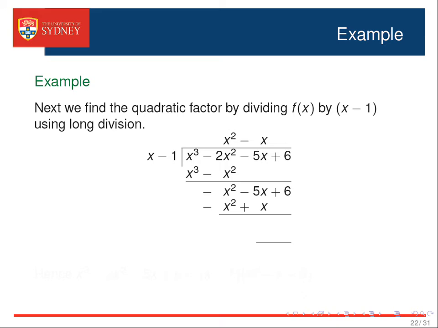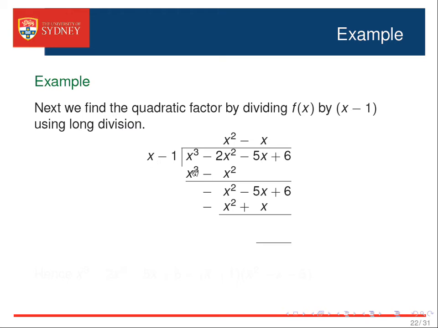Now we can repeat the process by dividing the leading term of the result of this subtraction by the leading term of the divisor. In this case, we divide minus x squared by x, which gives you minus x. So we write this minus x on the top and multiply the divisor with this minus x.